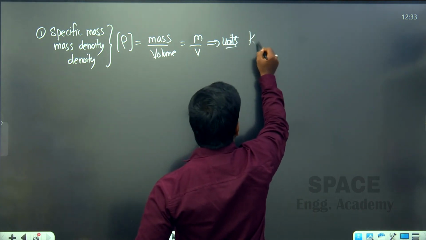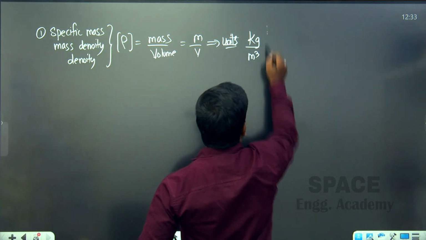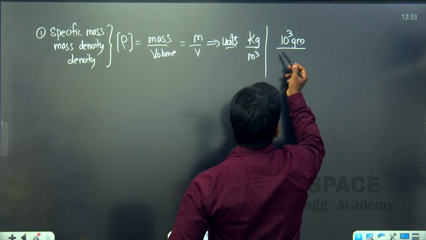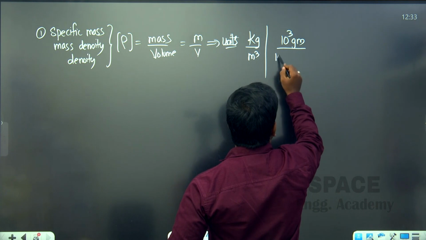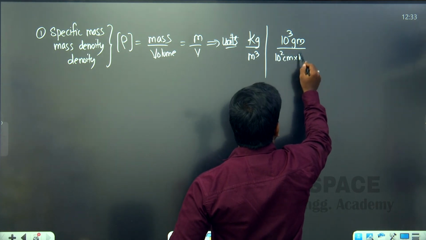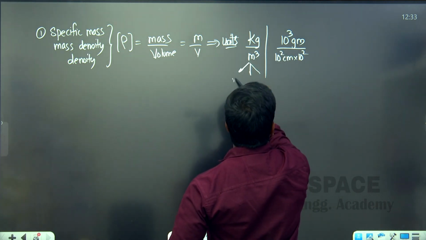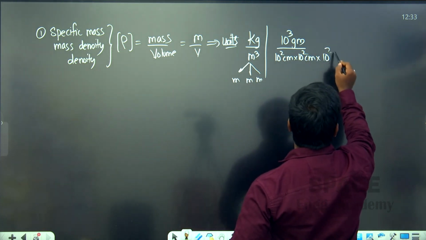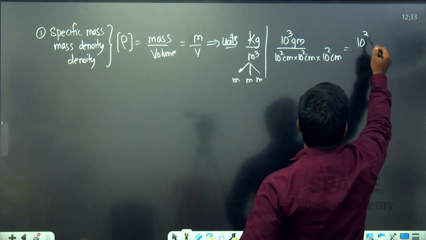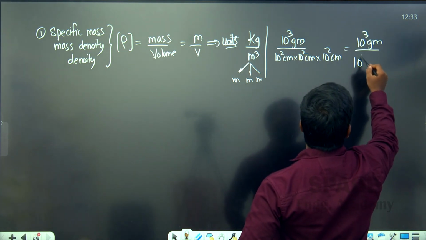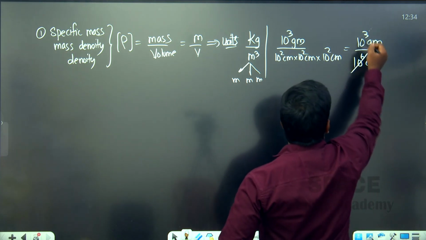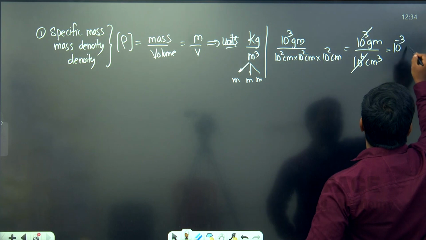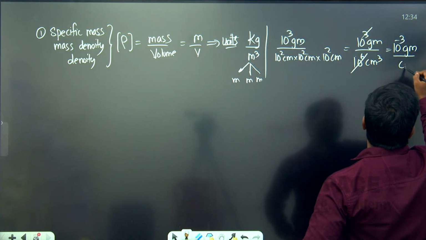What are the units? Units are kg per meter cube. We can write kg as 1000 grams, that is 10 to the power of 3 grams. Meter cube can be written as meter into meter into meter, and 1 meter can be written as 10 square centimeter, so 10 to the power of 6 centimeter cube. 10 to the power of 3 gets cancelled, minus 3 will be remaining, going to the numerator: gram per centimeter cube.